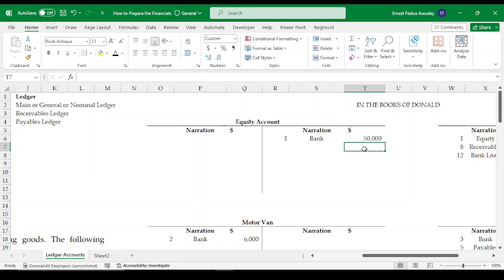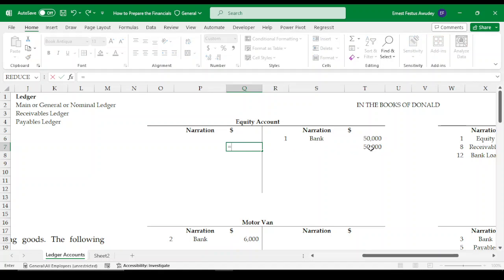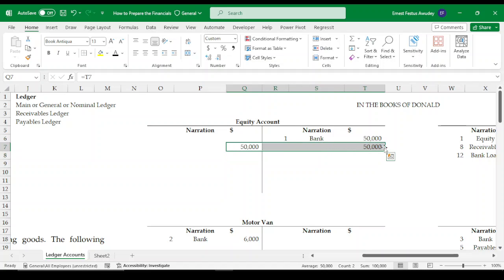So I will come here and type alt equals, which is the shortcut for total in Excel. Since it's one transaction, it's going to reference the same number there as 50,000. And then I'll come to the corresponding side, which is the debit side, and reference this same total here. Always make sure that they are on the same line. And then I'm going to insert a border.